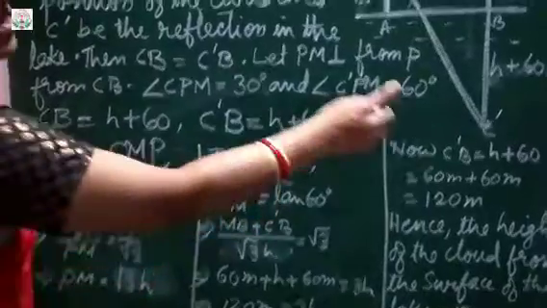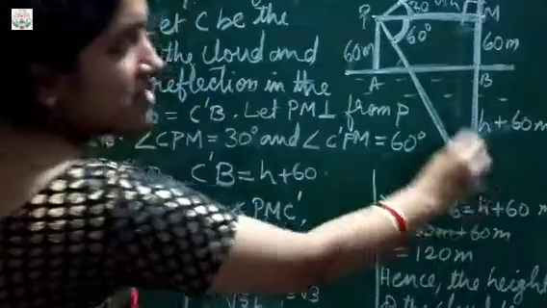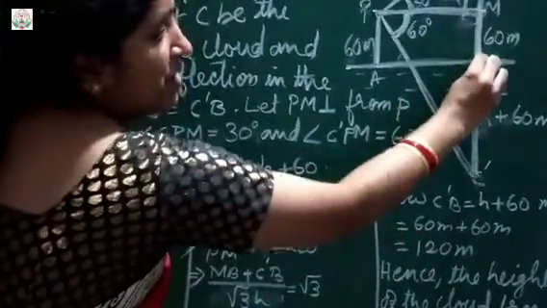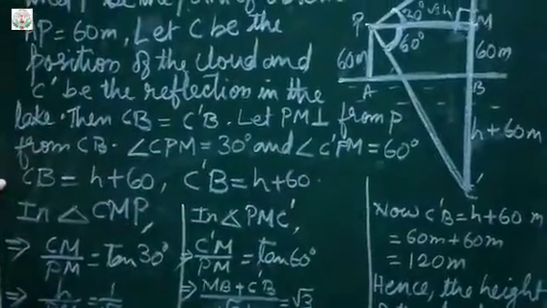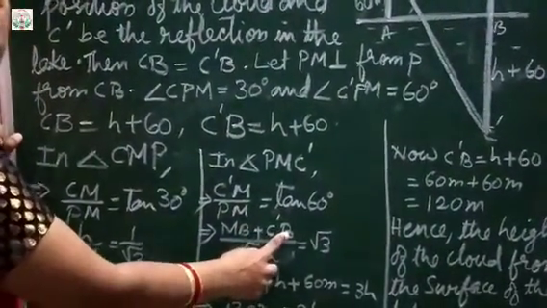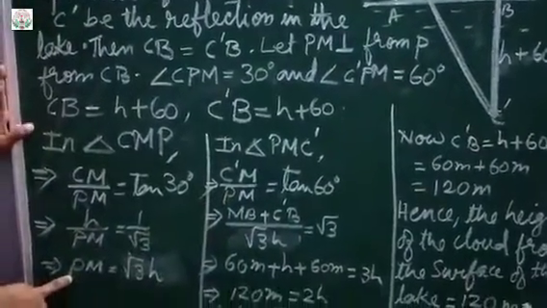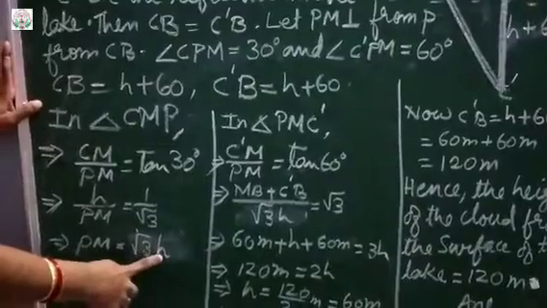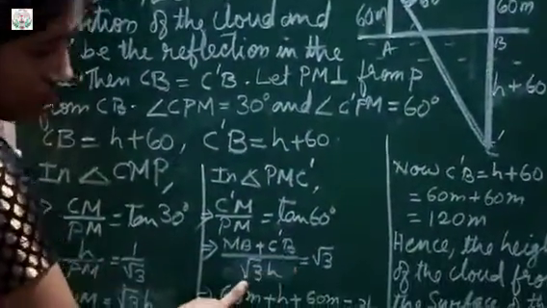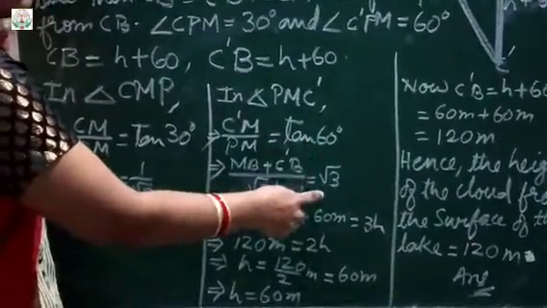C dash M means MB plus C dash B, the whole is the sum of this plus this. So you can write MB plus C dash B upon PM. PM is root 3 h, which we have just taken out. Here also I have written root 3 h. So put the value of PM, root 3 h, equals tan 60.